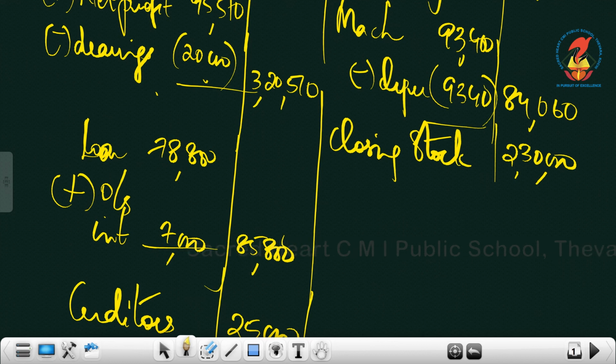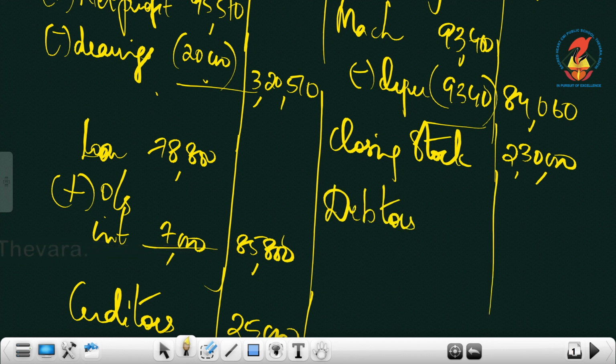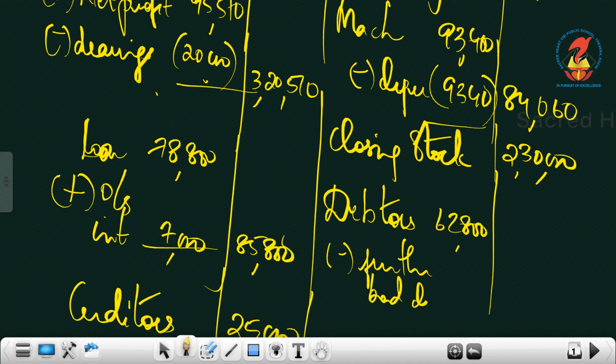See whether you have any other fixed assets other than building and machinery. We don't have any other fixed assets. Okay, now current assets, the next one you can write closing stock we wrote. Then you can write debtors, but debtors are having adjustment. So write in the inner column. Debtors 62,800 less further bad debts. What is the further bad debts amount? 1,800.